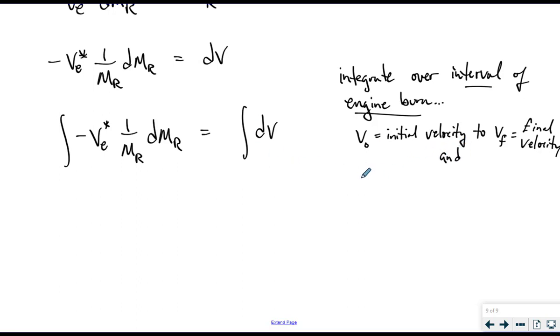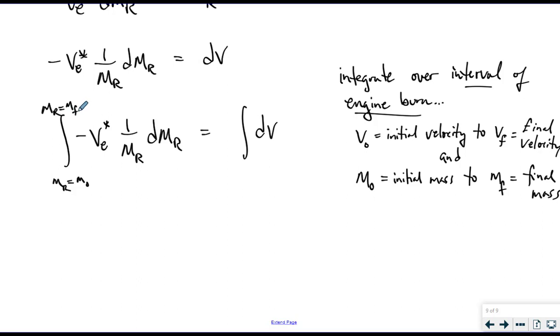and from some initial mass to some other final mass, right? So this would be mass of the rocket equal to whatever its initial mass is, up until the end of the engine burn, when the mass of the rocket is at its final mass on that interval.